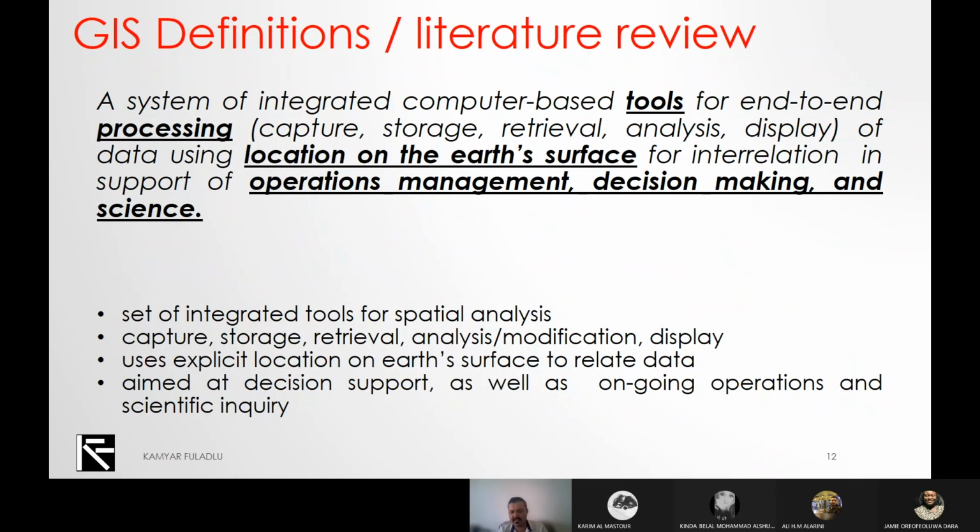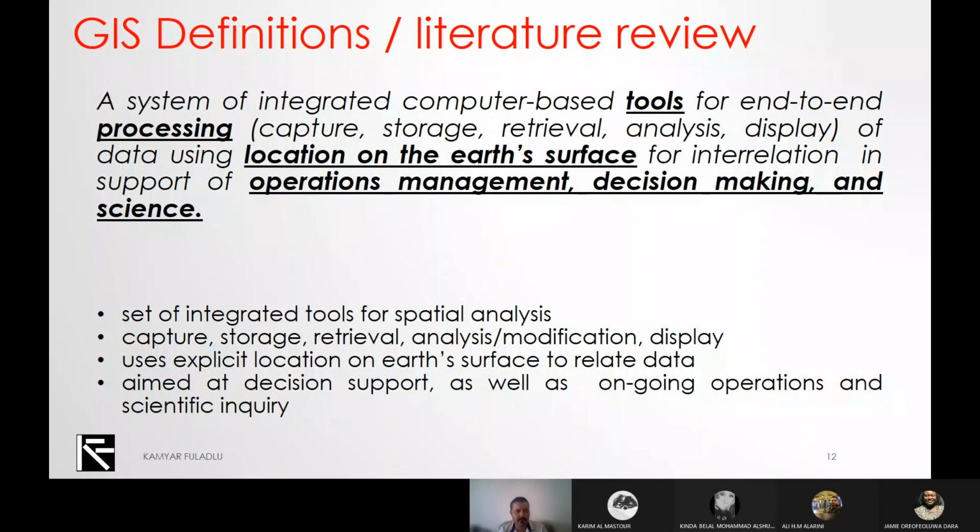GIS is an integrated computer system. It's the integration of a computer-based system. It is a tool for an end-to-end process. What does end-to-end process mean? From the starting point, which is capture, until the display, the output, everything can be done in GIS. So let's say a system integration, computer-based tools for end-to-end processing of data using location on the Earth.